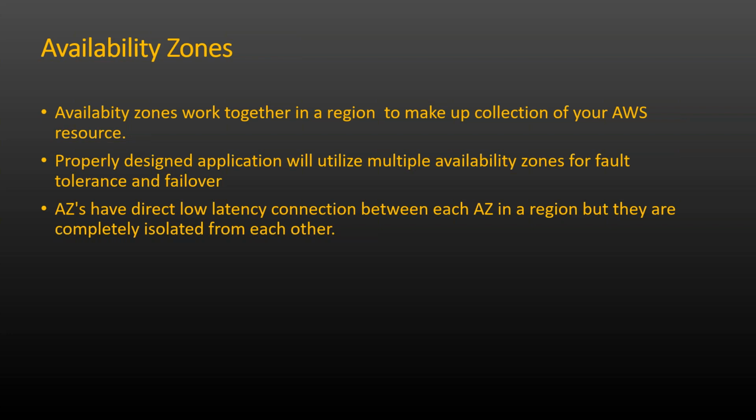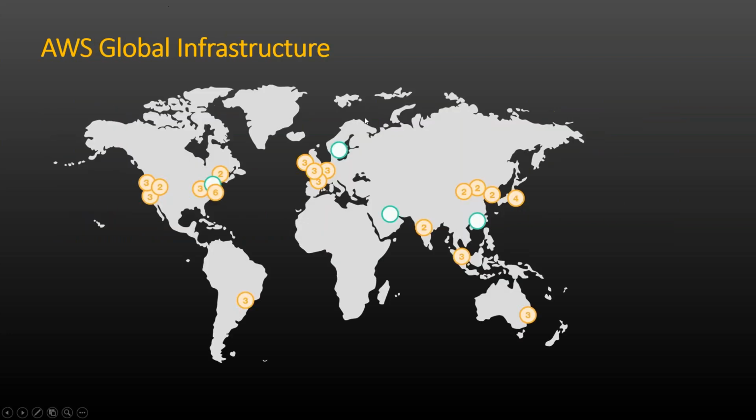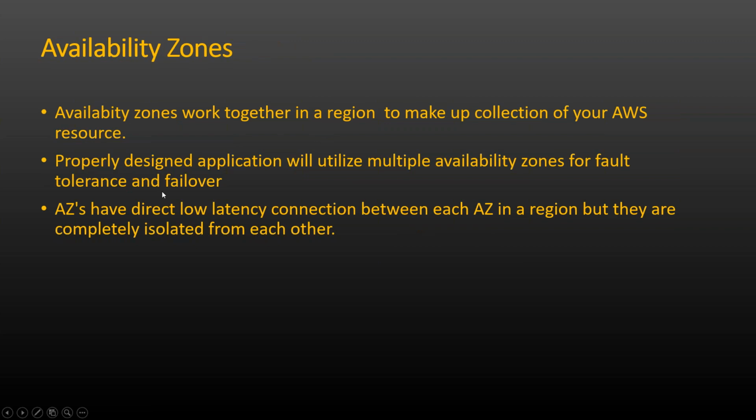So we as architects, whenever we are building our own infrastructure, it is always a best idea to scatter our infrastructure across availability zones, guys. A properly designed application will utilize multiple availability zones for fault tolerance and failover. And these AZs are within the same region.